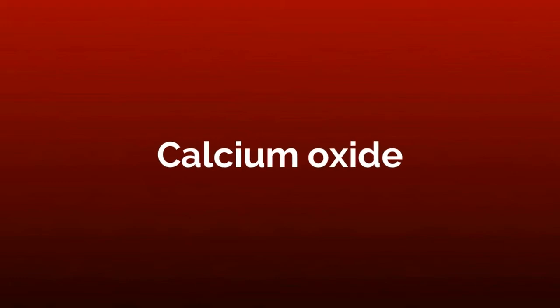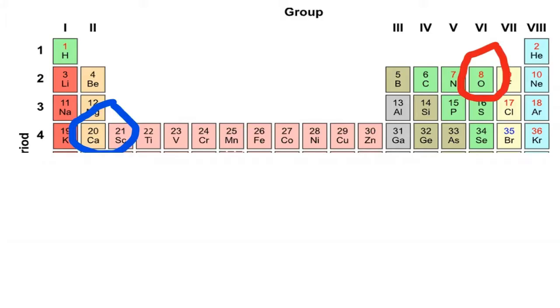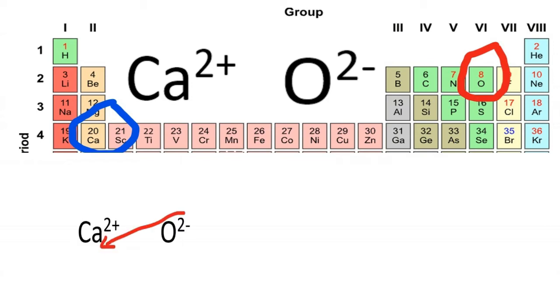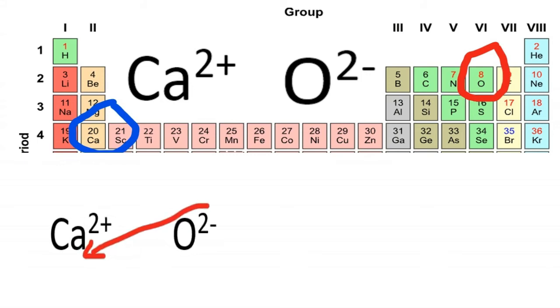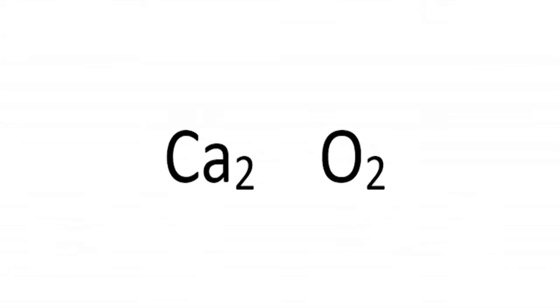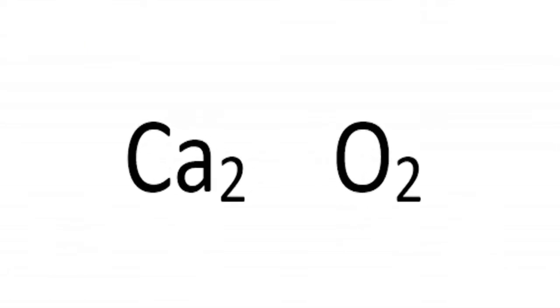Another example is calcium oxide. Calcium has a charge of 2 plus, and oxygen has a charge of 2 minus. And now we do the crisscross. Let's take 2 minus over here and 2 plus over here. Remember, we just write the number. We don't need the charges.